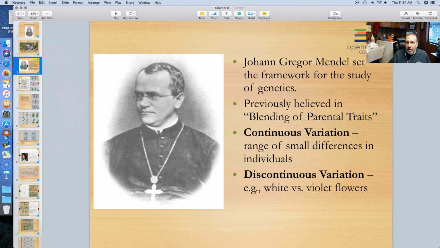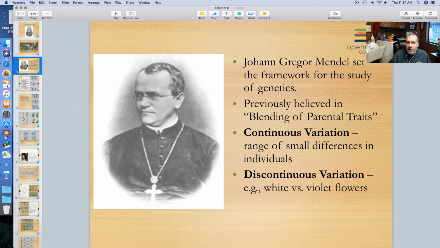He was breaking sort of a dogma, or a previous theory where most people believed that offspring got a blending of characteristics from their parents. Generally speaking, the idea would be something like, if you're breeding a red flowered plant with a white flowered plant, that the offspring would tend to be pink.